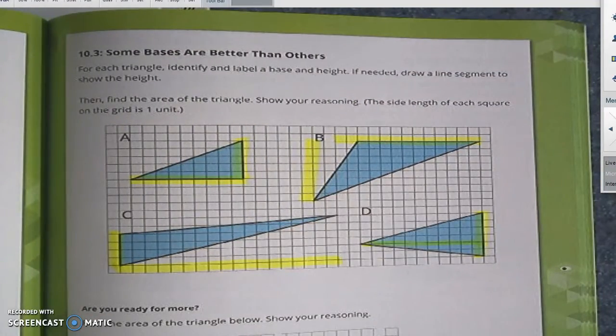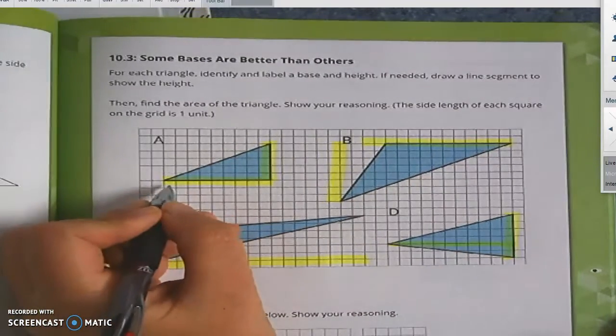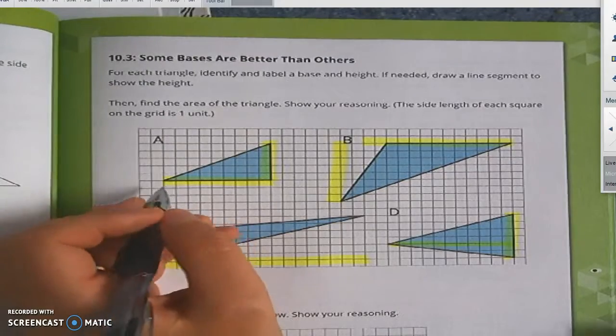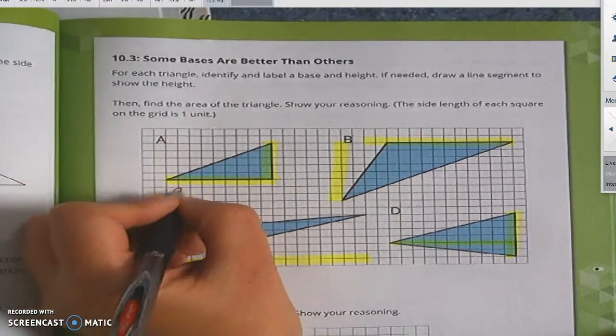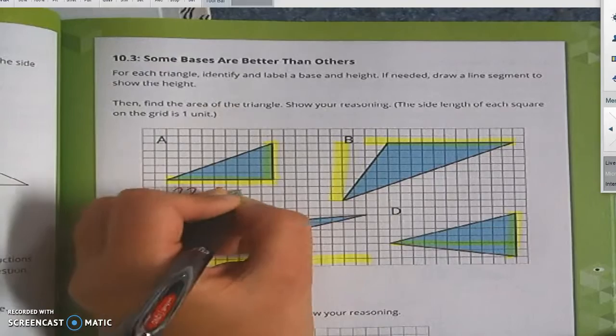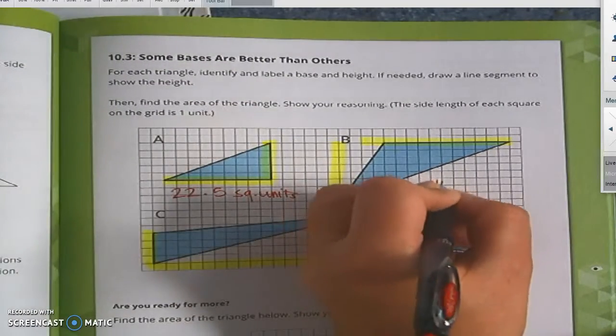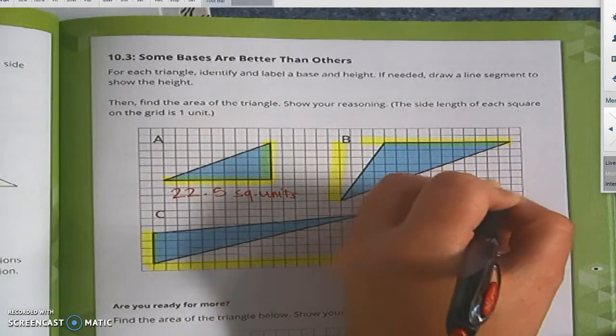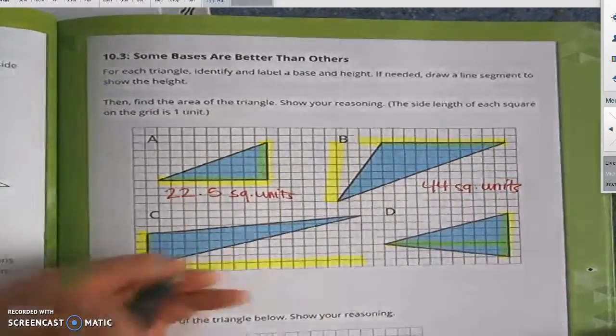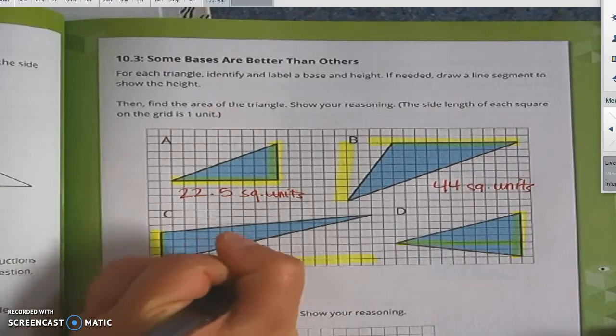Once you had your bases and your heights, I'm not going to go through how to find the area. I'm just going to have you double check your answers. So for A, it should have been 22.5 square units. For B, 44 square units. For C, 36 square units.